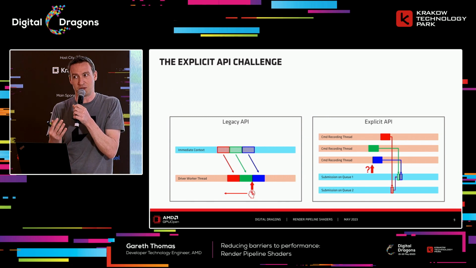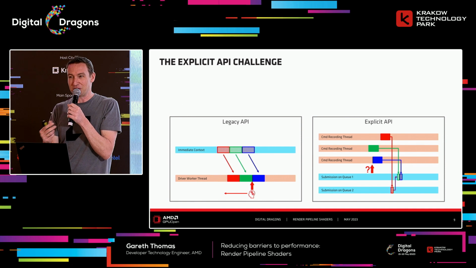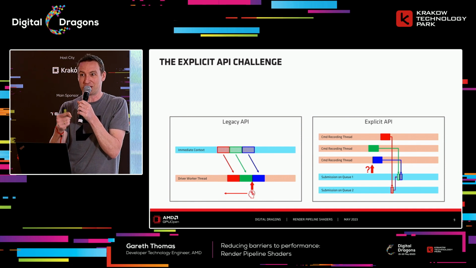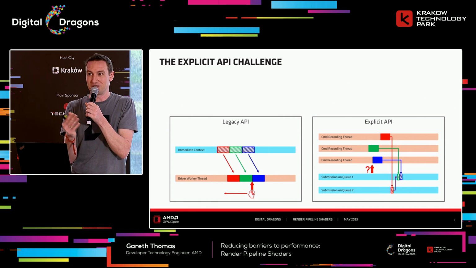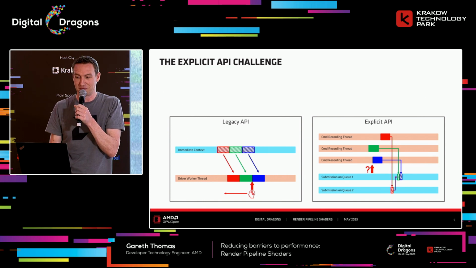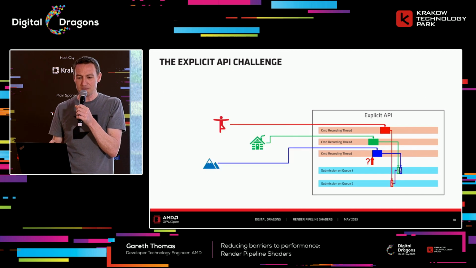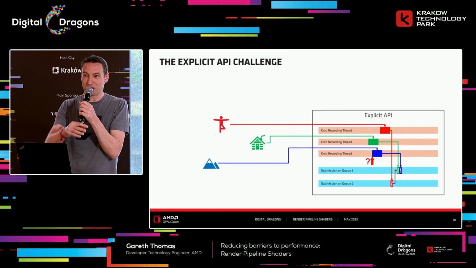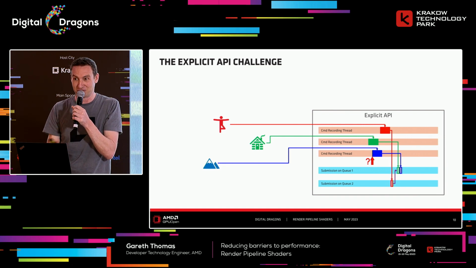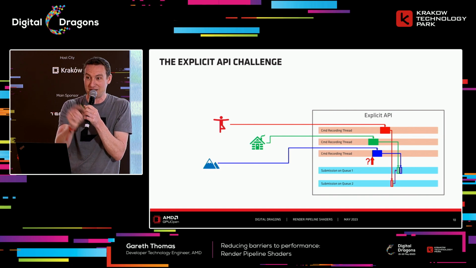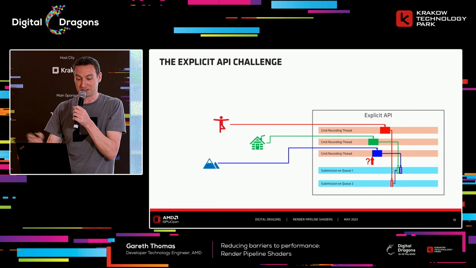So for example, for the blue workload, you don't know what the state of the resources are that you're going to be working on, because you don't really know what or when the green and red workloads are going to be executed. And these different workloads, potentially completely different systems, might be toggled on or off based on different configurations written by different people. It's very difficult to explicitly, perfectly set your barriers.